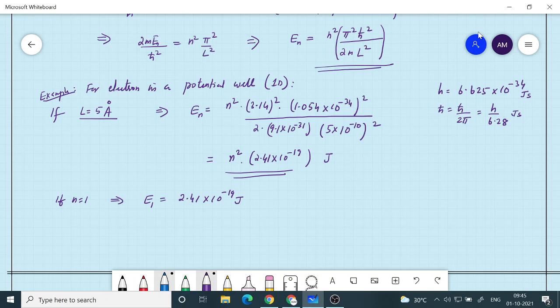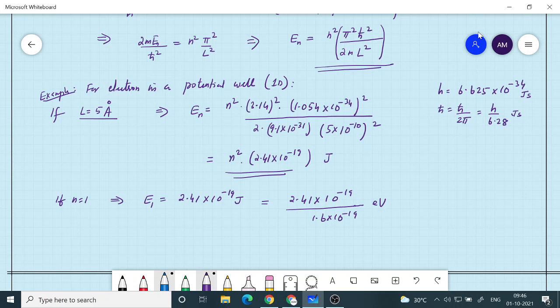So instead of using joules, it is more convenient if you divide this by the magnitude of the charge of the electron, which is 1.6 into 10 raised to minus 19. I hope everybody knows that the charge of the electron is this. The resulting unit of energy is called the electron volt.